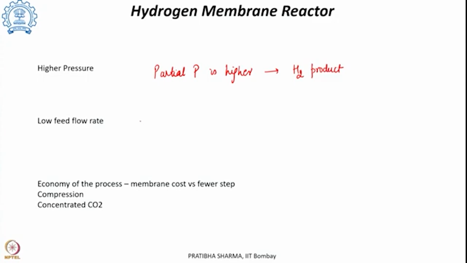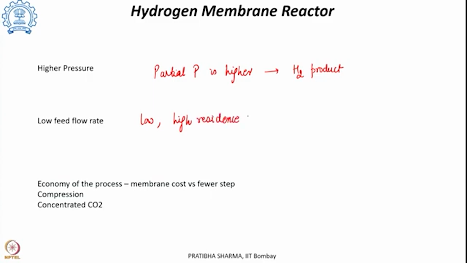Another important parameter could be the feed flow rate at which the feedstock is being fed. If the feed flow rate is low, that means the reactants get enough time to interact.